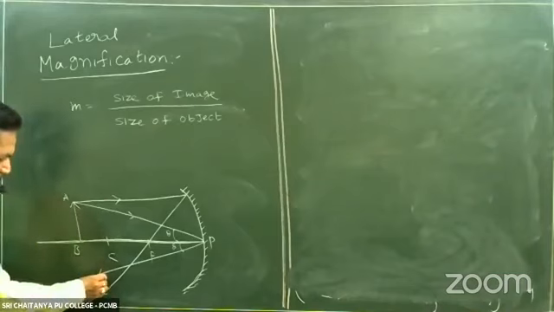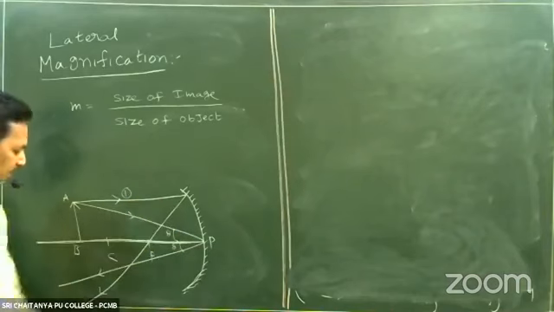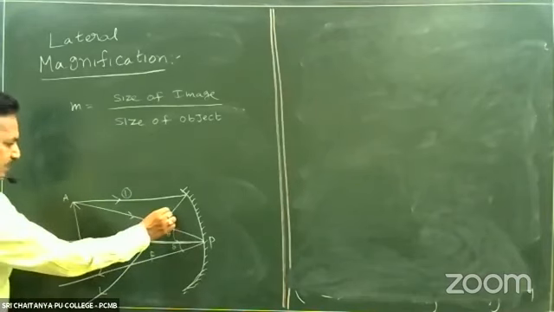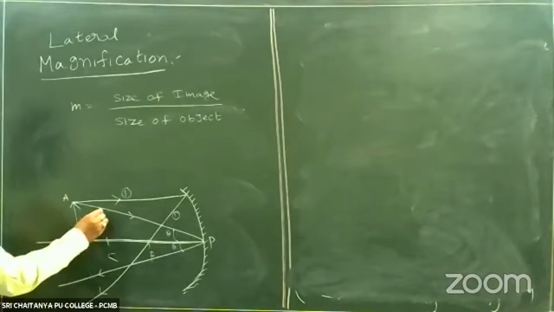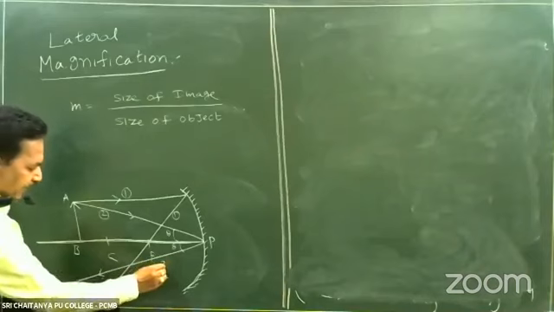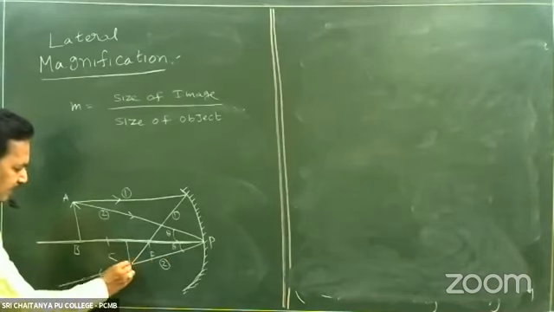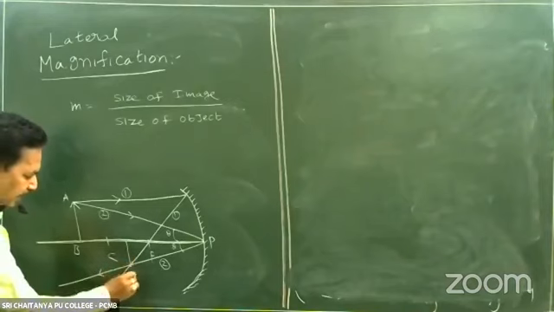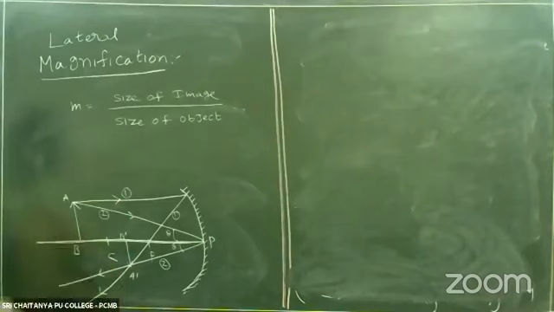First incident ray, first reflected ray, second incident ray, second reflected ray. Here they will meet, and the image will be formed, A dash B dash, in between the principal focus and the center of curvature.